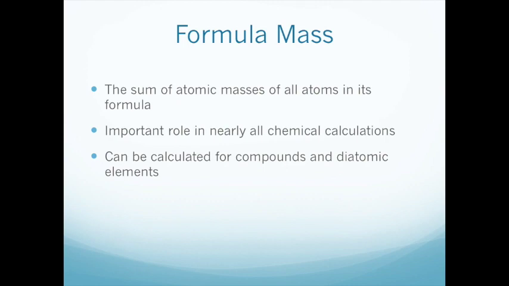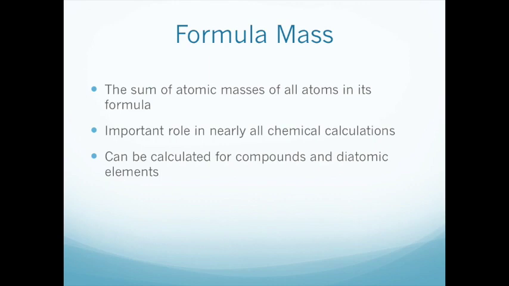So now we're going to get to the idea of formula mass, and we're going to break that down a little bit. The formula mass is when you take the atomic mass of all of the atoms in a molecule and add them together, and this gives you the average mass of that molecule.